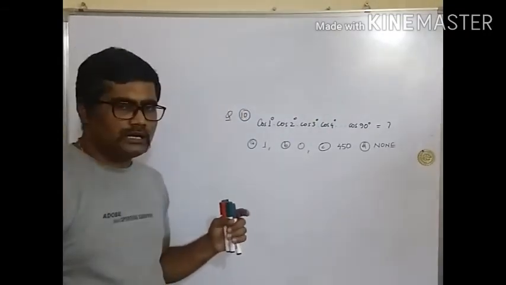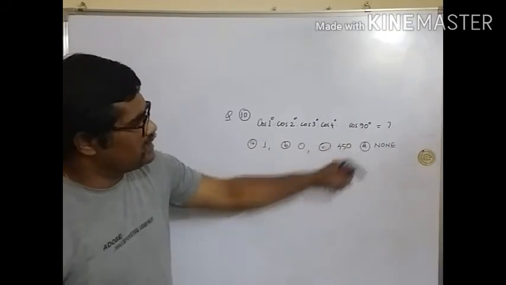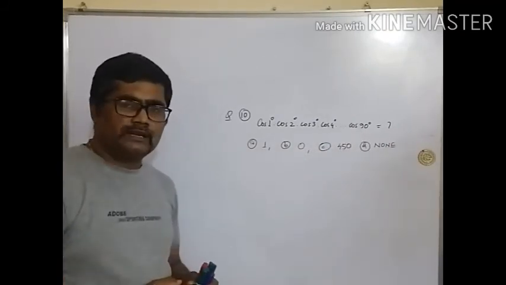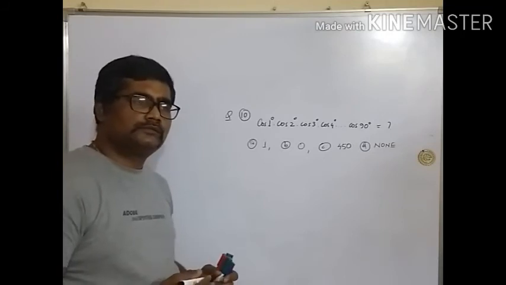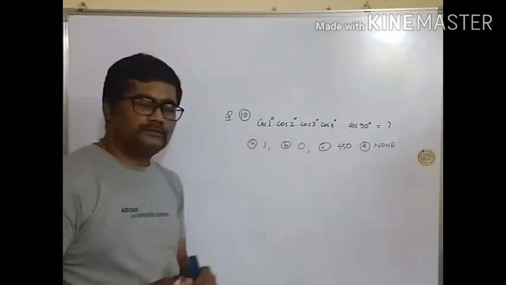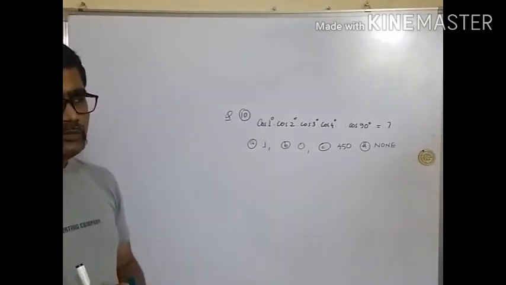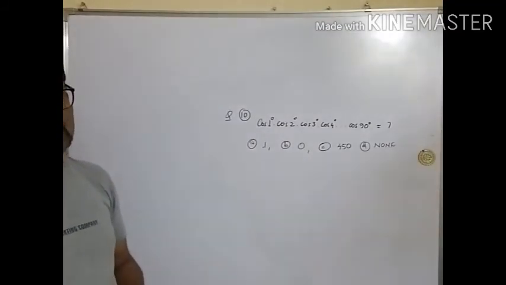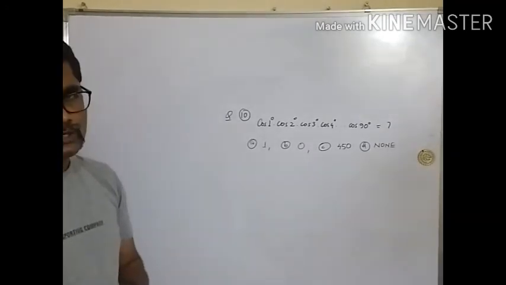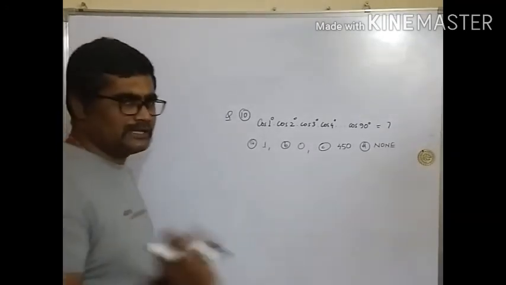एक ऐसा टाइम आएगा जहां तुम cos 90 में रुक जाओगे. What is the value of cos 90 degree? 0. All values are multiplied. So when you are multiplying many values, out of that, if even single value is 0, what will be the product? 0, right?